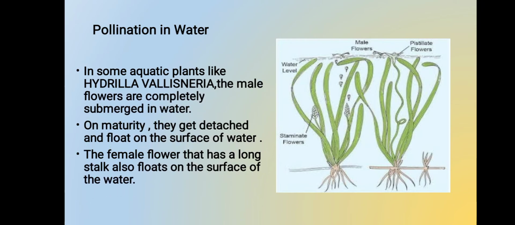In some aquatic plants like Hydrilla and Vallisneria, the male flowers are completely submerged in water. On maturity, they get detached and float on the surface of the water. The female flower has a long stalk and also floats on the surface of the water.